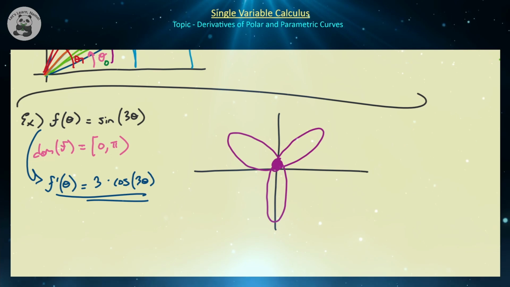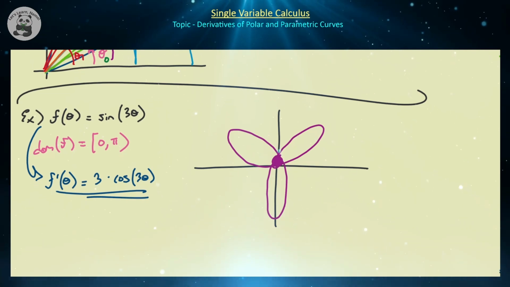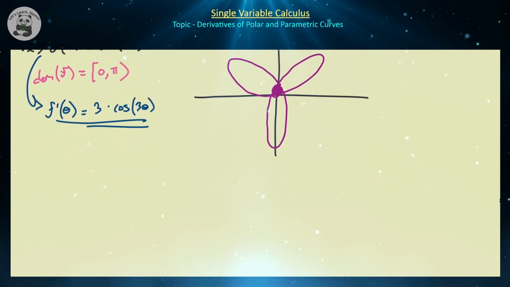Okay, so what we want to do is verify that our intuition for derivatives in the polar coordinate system is indeed valid. So what do we exactly have? Keep in mind, we're going to start at 0 here when theta is equal to 0. So this point corresponds to theta is equal to 0, and we're going to be traversing along this curve.